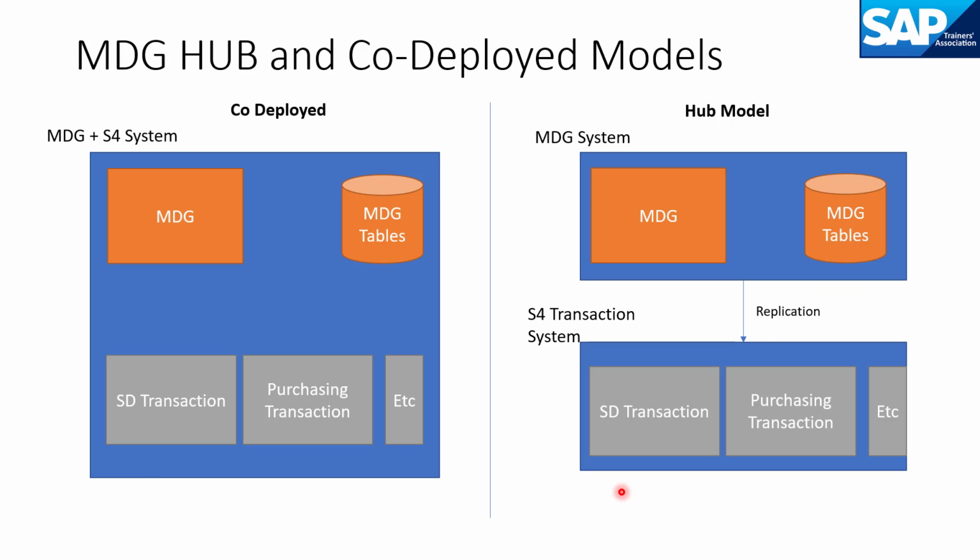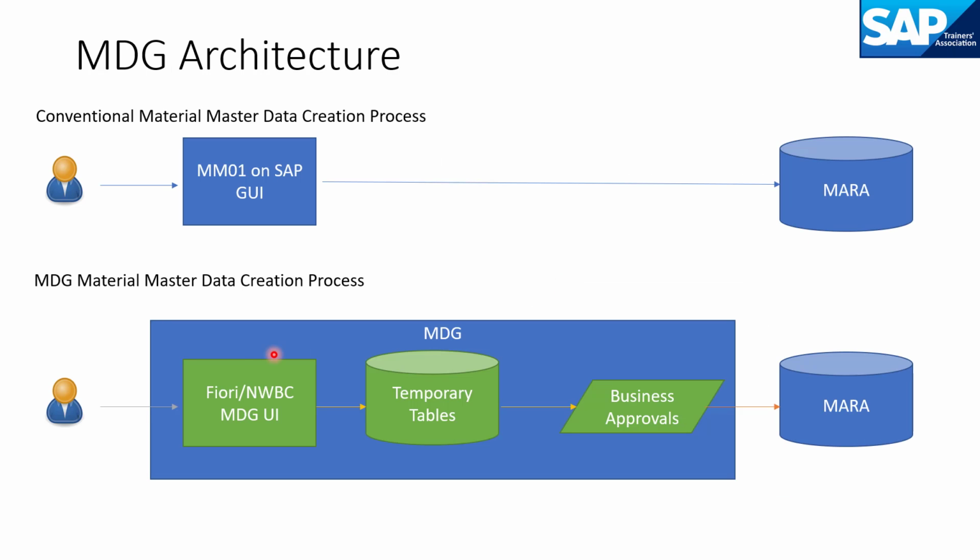Okay. Now let's look at the hub model. You have the MDG system. You have the MDG box here. MDG box means a set of transactions, T codes that you have here, and MDG-specific tables. Okay, we are talking about this layer.